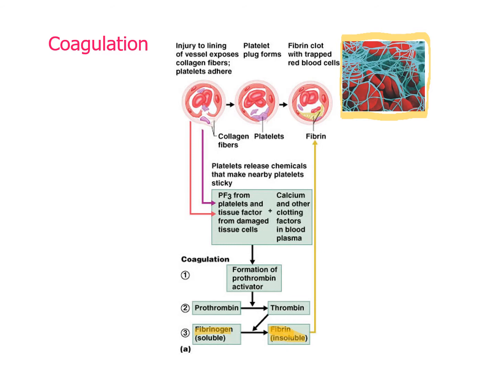Well, as I said, if we start at the top here, what's happening is that here you see a layer of collagen connective tissue underneath the endothelial cells that line the blood vessel. And with a tear in the blood vessel, you get exposure of the collagen fibers and accumulation of the platelets, so you get a platelet plug formation.